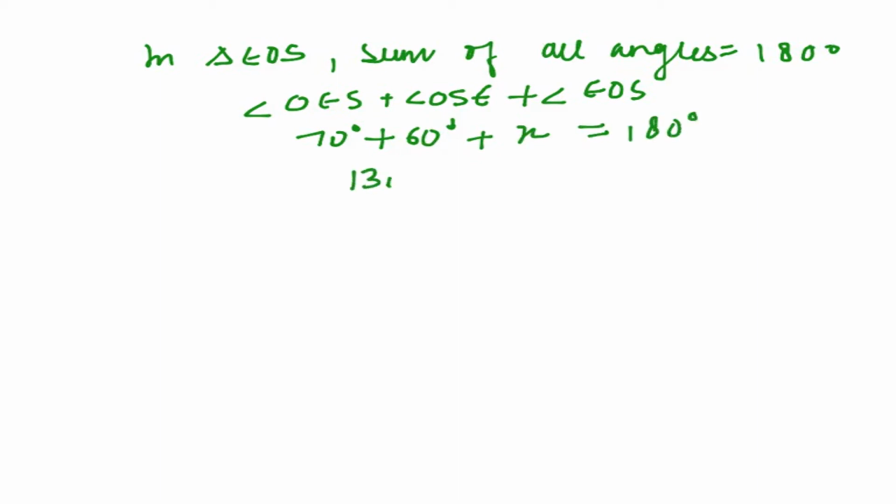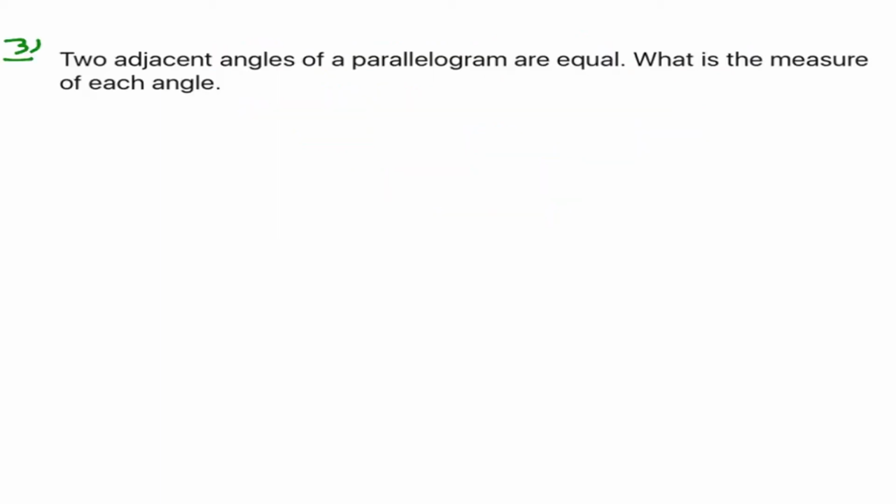Now 70 plus 60 will be 130, plus X will be equal to 180 degrees. That will give us X is equal to 50 degrees. So the unknown angle that we have to find, that is X, will be equal to 50 degrees.